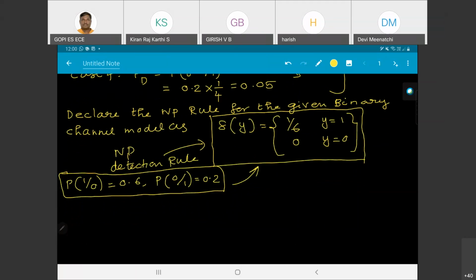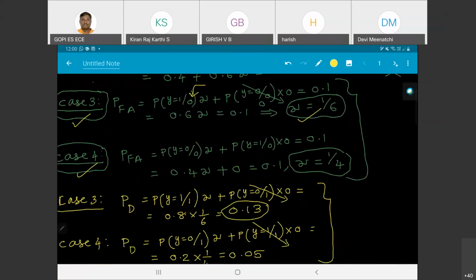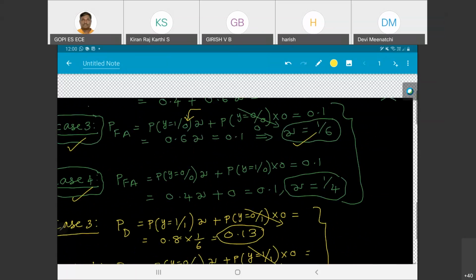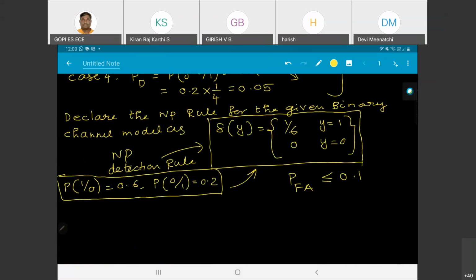This will help the probability of false alarm to be less than or equal to the size of the problem, which for this particular problem is 0.1.